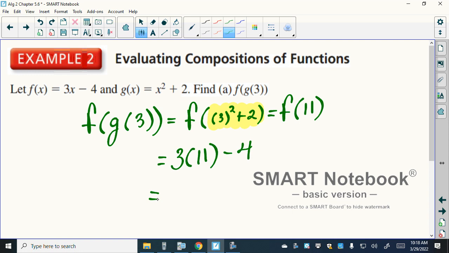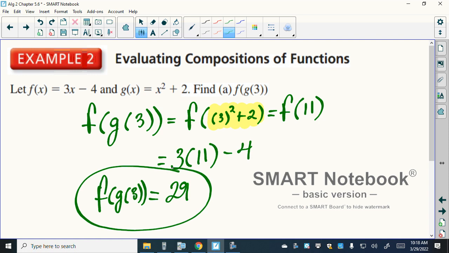Three times 11 is 33, minus 4. So f of g of 3 is 29.